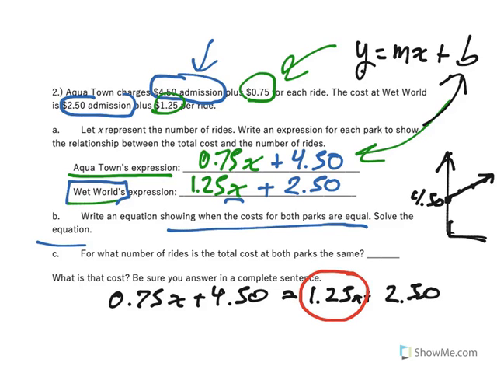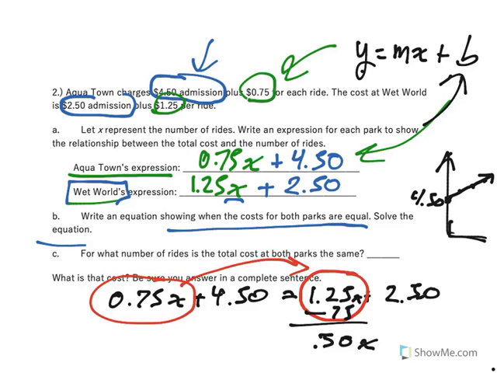We have $1.25x here. We bring this over because this is the larger number, so it's going to be 1.25 minus 75 cents. That's 50 cents. Then we take the $2.50 and bring it onto the other side.